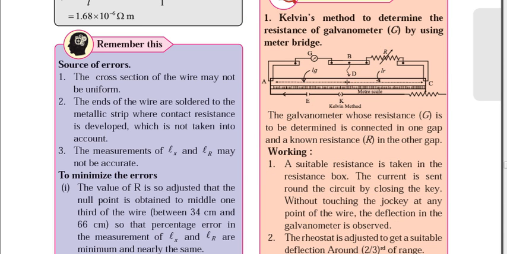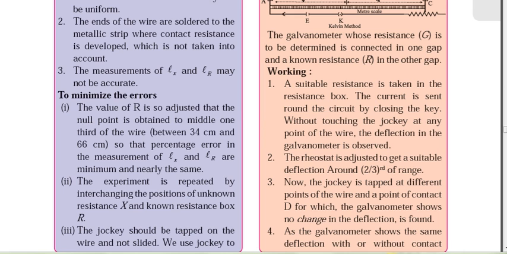Then second step will be the rheostat is adjusted to get a suitable deflection around 2/3 of the range. ठीक है, तो उसके बाद हम ये जो रियोस्टेट है, रियोस्टेट को हम एडजस्ट करेंगे and to get the suitable deflection, that is 2/3 of the total range.